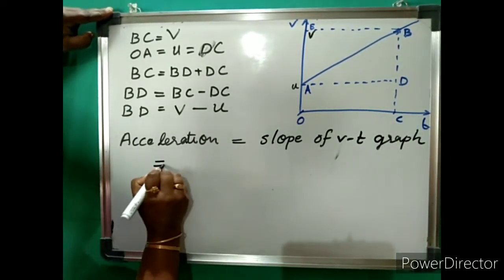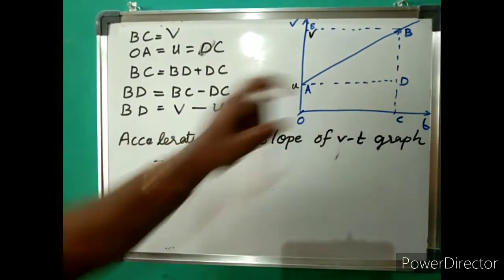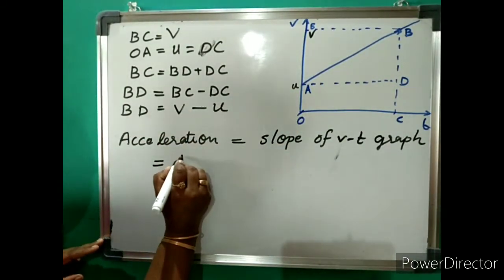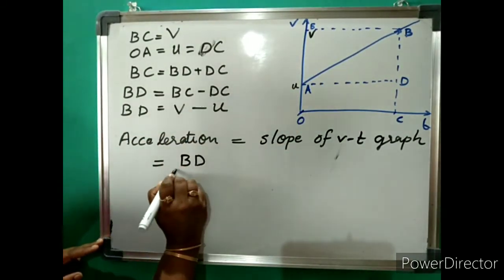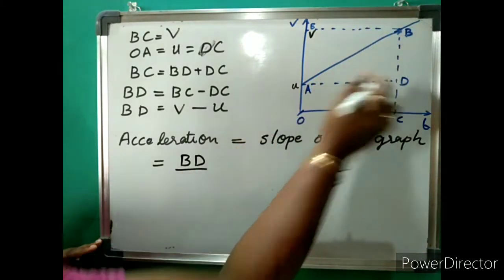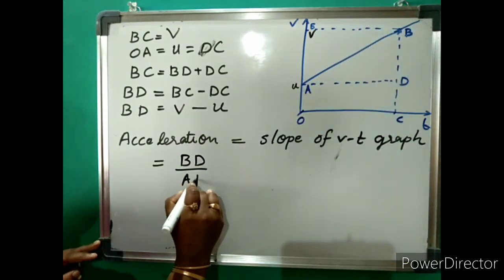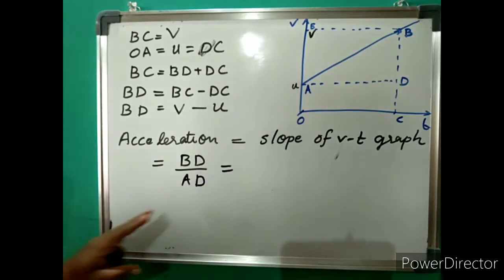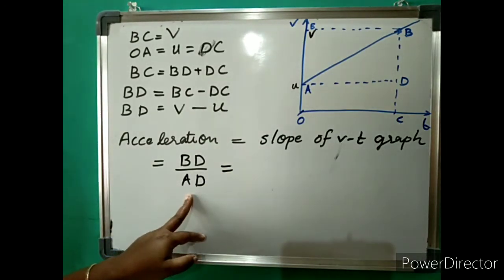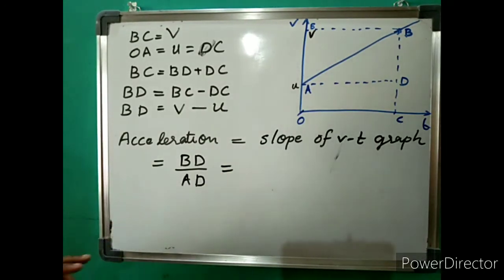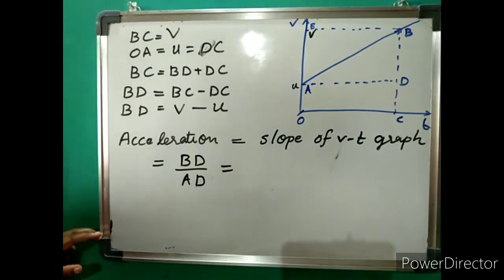Here the slope of this graph is BD divided by AD, that is Y reading divided by X reading.